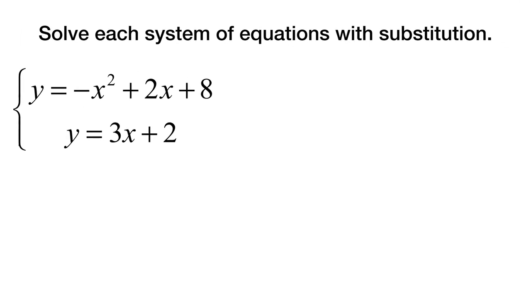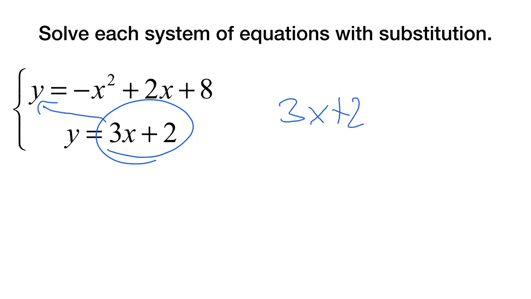All right, so now what we're going to do is solve each of these systems, well, in this case, one system, by substitution. Now, substitution is a much easier option because I can just substitute this for y. So 3x plus 2 equals negative x squared plus 2x plus 8.